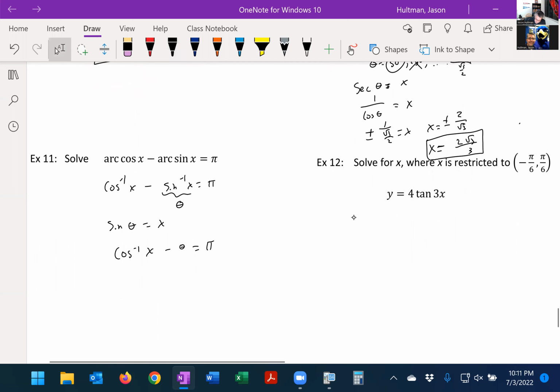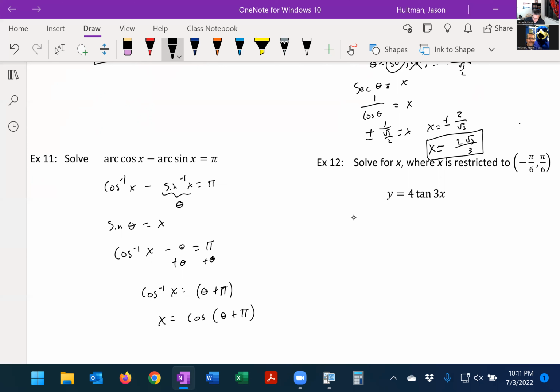So what I'm going to do is add theta to both sides. So inverse cosine x is equal to theta plus pi. This tells me that x is equal to the cosine of theta plus pi, plus 180 degrees.